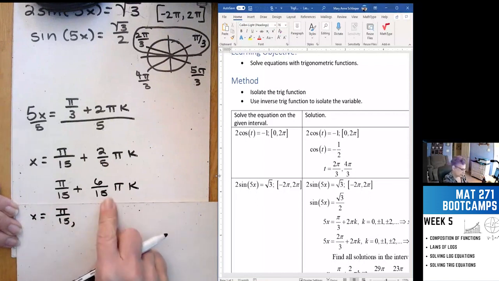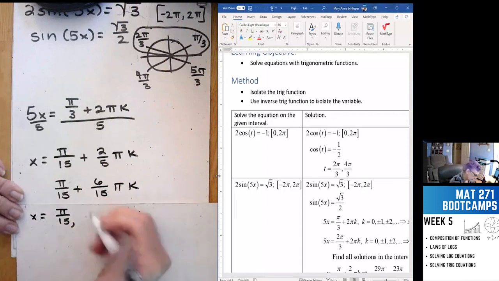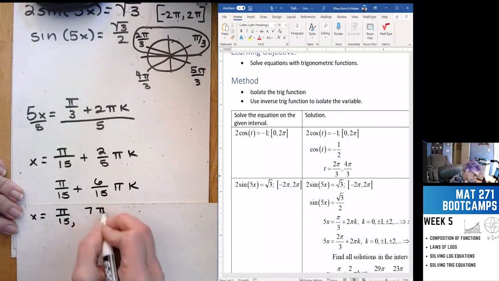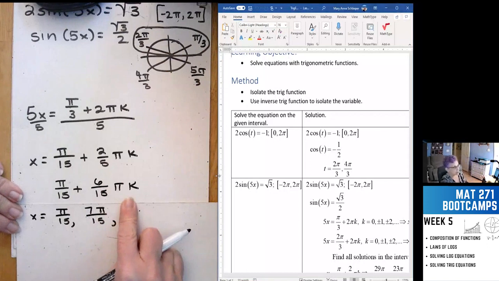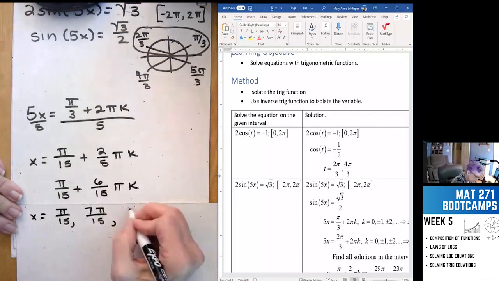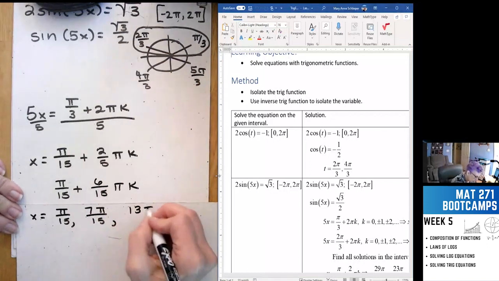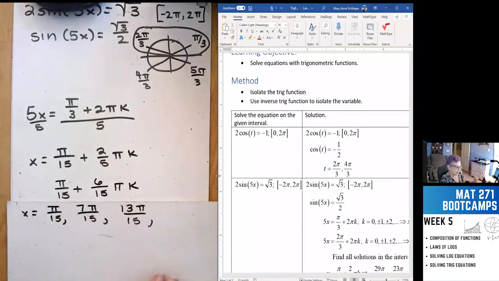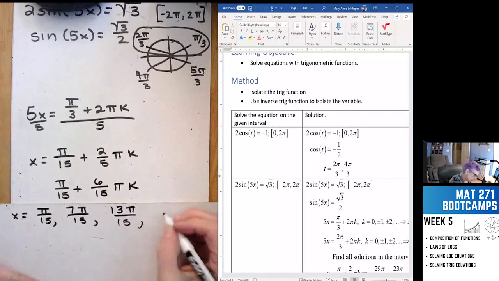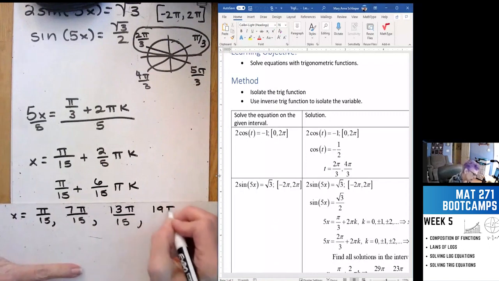I add 6 pi over 15. That gives me 7 pi over 15. I add another 6 pi over 15. That gives me 13 pi over 15. I add another one. That gives me 19 pi over 15.